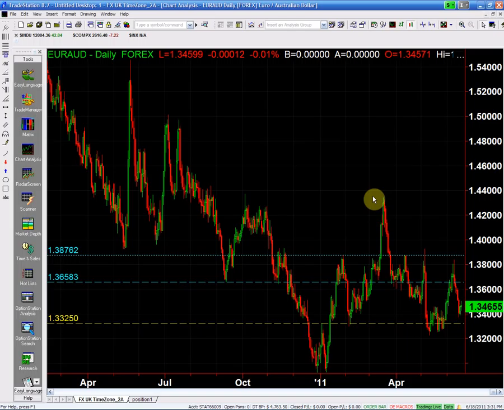And so the tough entry in the euro Aussie is where to buy it, but where to sell it is the easy one, because this here, the 134, this is my easy sell signal. I don't want to go short the euro Aussie unless it trades below the 134, because now it is clear that this is holding.